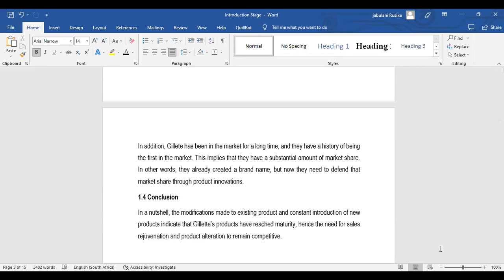That have been identified. So by elaborating on the different stages from introduction to decline stage, it gives you the depth to be able to identify exactly which stage Gillette is in, in terms of the product life cycle, what product life cycle stage.